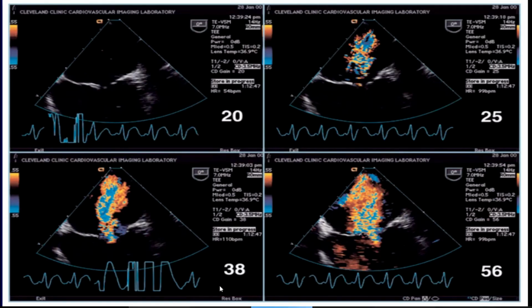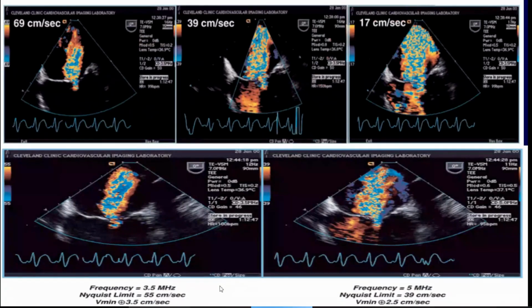This is very important in terms that we are not measuring wrong color flow Doppler signals unless you use the appropriate settings of the color gain and frequency settings on the machine.